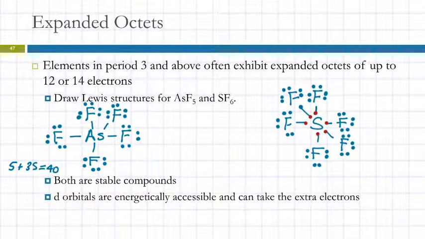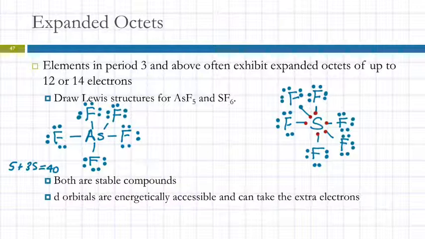Any questions? So, could nitrogen ever do this? What period is nitrogen in? Period 2? So, nitrogen has an electron configuration that ends in 2s2, 2p3.